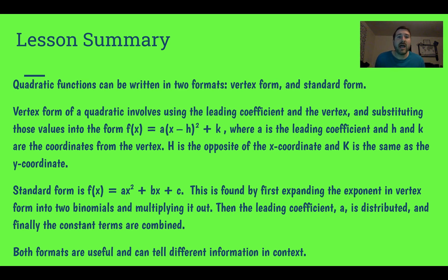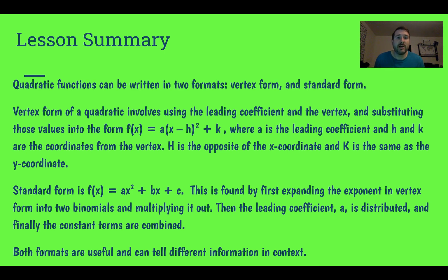Standard form took a little more work to figure it out. It is ax to the second power plus bx plus c. You find this by taking vertex form and then expanding the exponent into two binomials, then multiplying it out. Then you distribute the leading coefficient and finally combine the constant terms, and you end up taking vertex form into standard form.